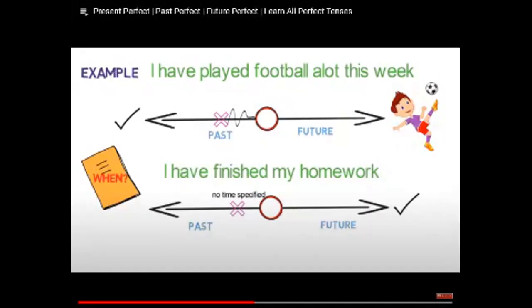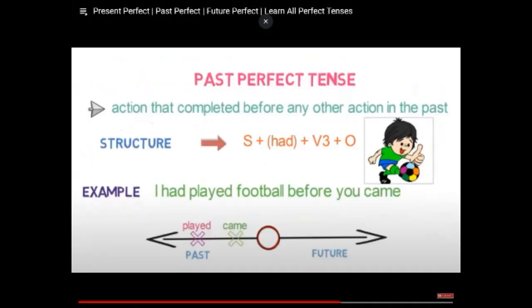Okay, let me just talk about it more. Let's talk about the past perfect tense. As I explained in present perfect tense, whatever terms we had, in past perfect tense it is very simple to understand. In past perfect tense, the term tells you about an action that was completed before any other action in the past. In present perfect, we can talk about an action with specified times or without specified times.